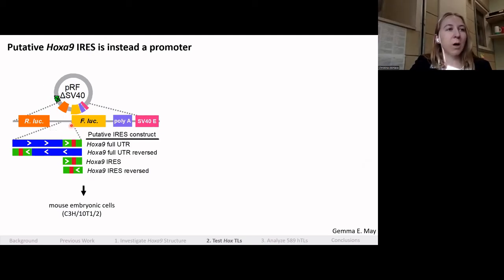Between R-Luc and F-Luc, we cloned in the HOXA9 full transcript leader, also the full transcript leader reversed. We also had a version where only the putative HOXA9 IRES region was included, and the putative IRES region reversed. We then transfected these plasmids into mouse embryonic cells.